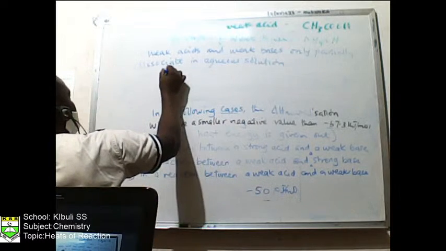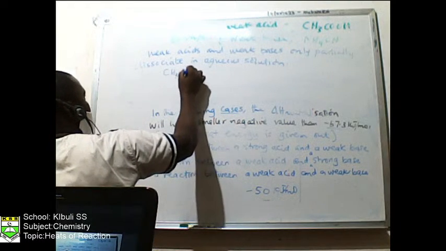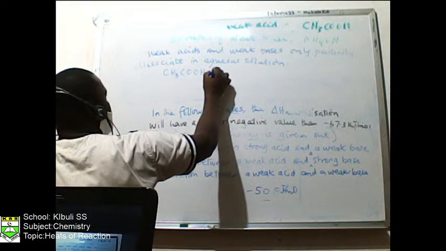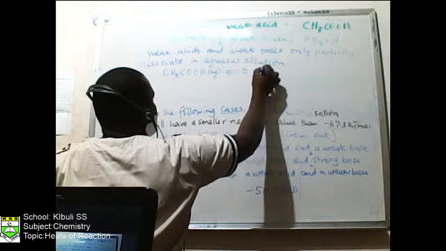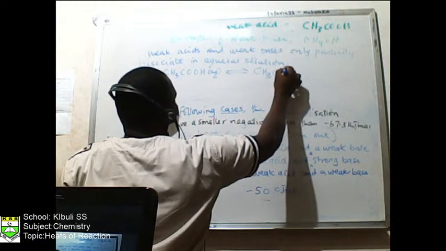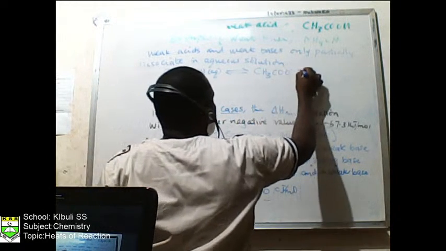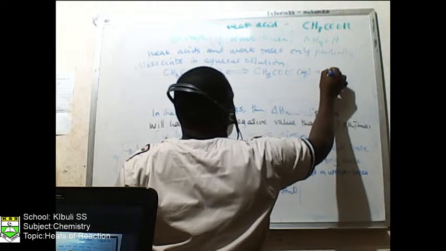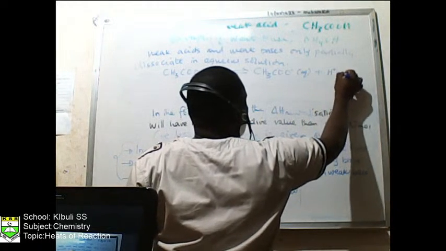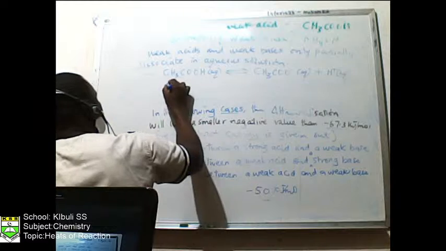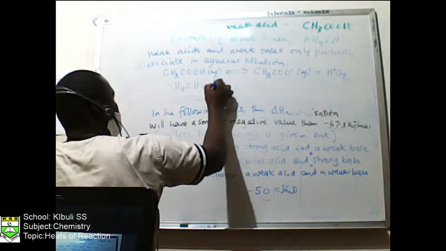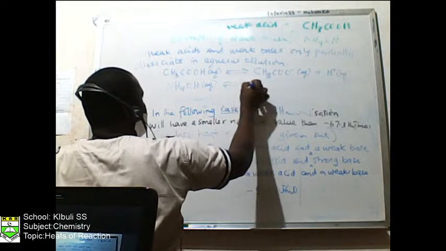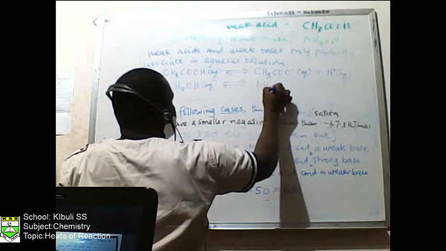For example, ethanoic acid, being a weak acid, will only partially dissociate. Ammonium hydroxide will also partially dissociate.